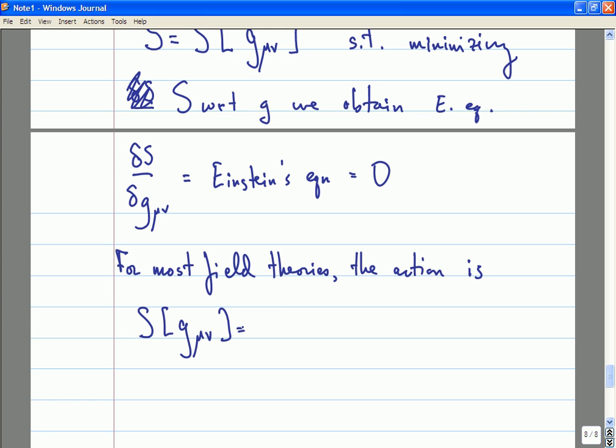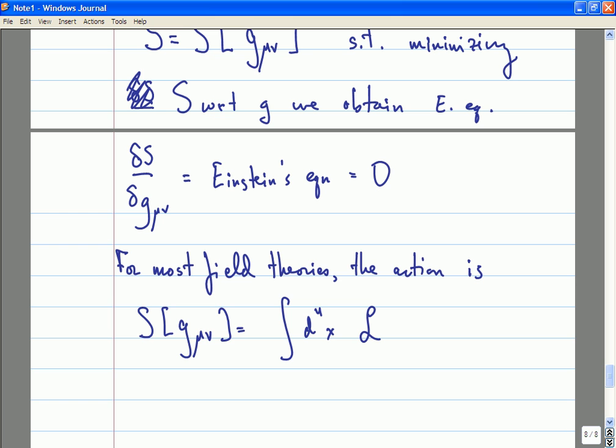So it'll be the integral of some function which depends on g and its various derivatives. So it's not the case that every field theory has an action which can be written as an integral d4x, but only the case that some field theories can.